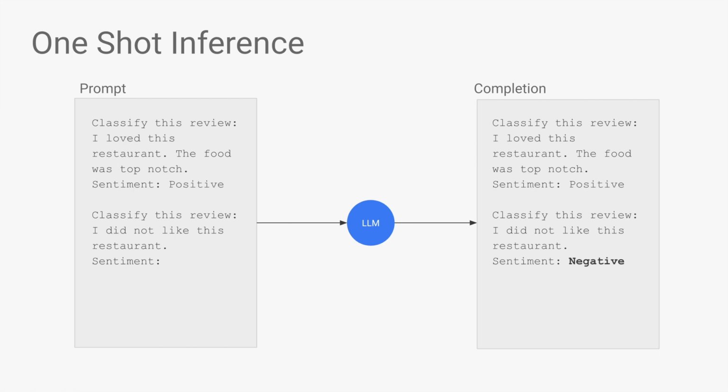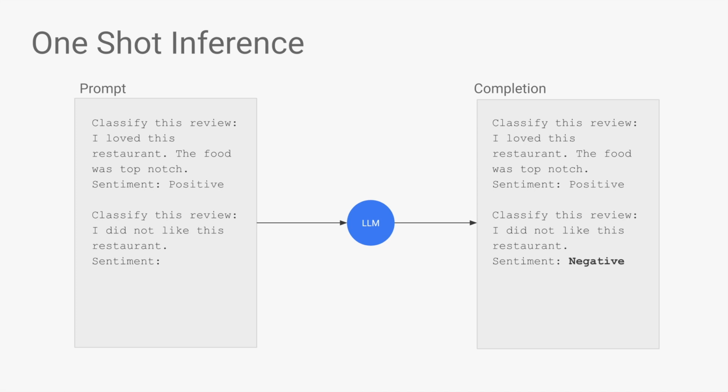Introducing an example within the prompt can enhance performance, as demonstrated here. The extended prompt now initiates with a completed example illustrating the task for the model. After specifying that the model should classify a review, the prompt includes a sample positive review. I love this restaurant, the food was top-notch, followed by a sentiment analysis.